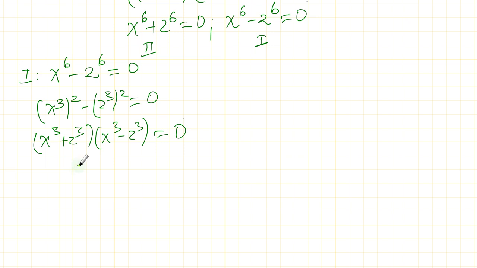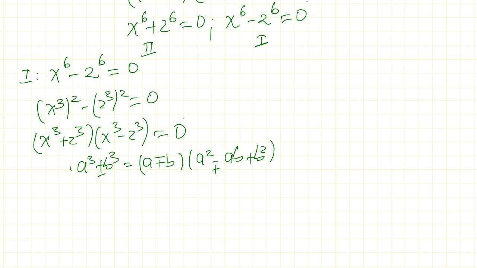First one here is a to the 3 plus b to the 3, which is a plus b, which multiplies a squared minus ab plus b squared, and the other one is the same with plus or minus. So if it's positive we have this one, if it's negative we will have minus here, and here we would have a plus.